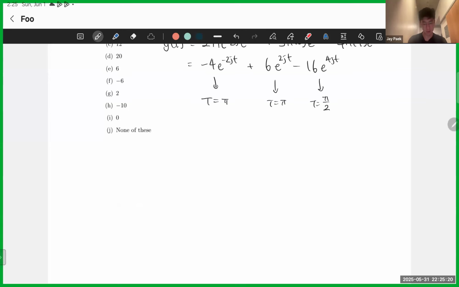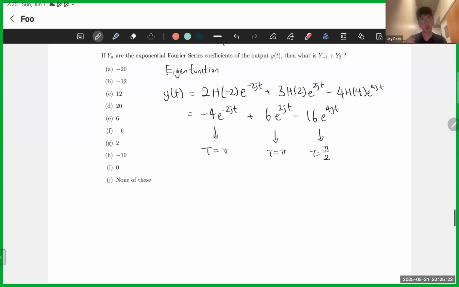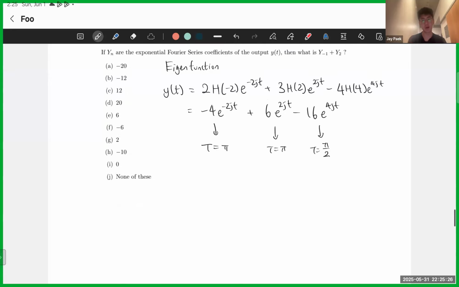But I believe that the intricate part about periods is that we're taking the smallest number such that this repeats. So take the minimum number T such that f of t plus big T is equal to f of little t as our period.